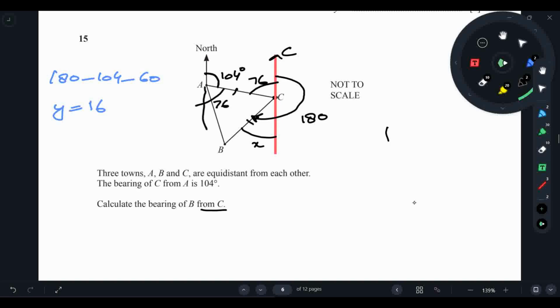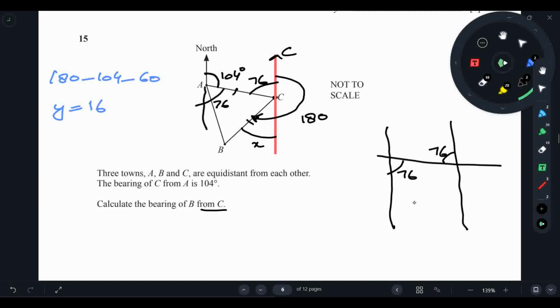Why 76? Because we have two parallel lines and this line intersects them. So if this angle is 76, this will also be 76, because they are making a Z, so these two are corresponding angles.